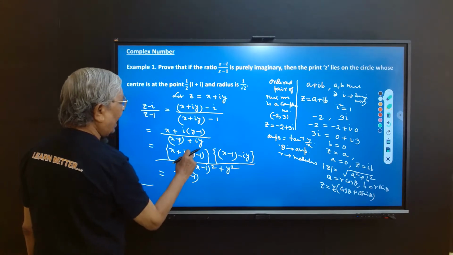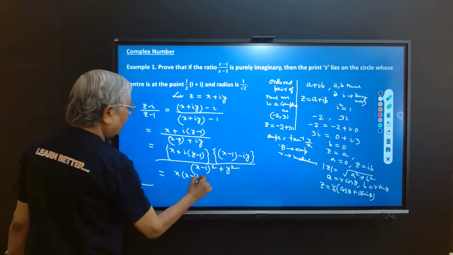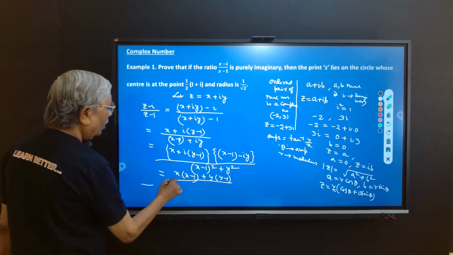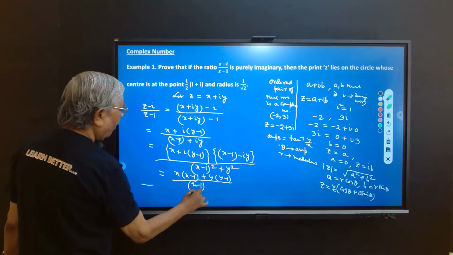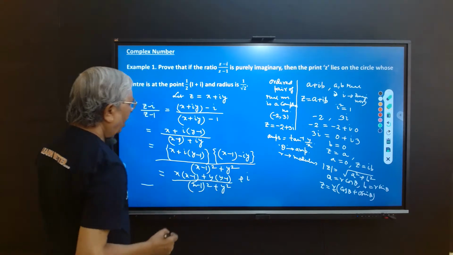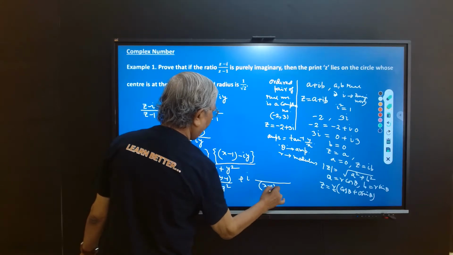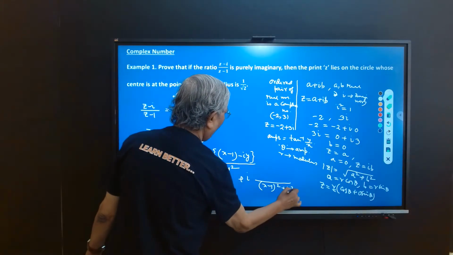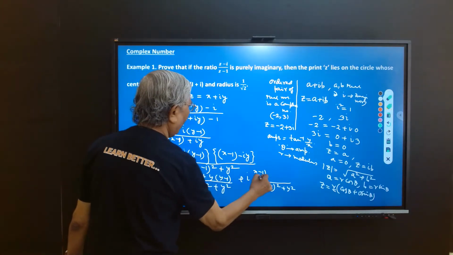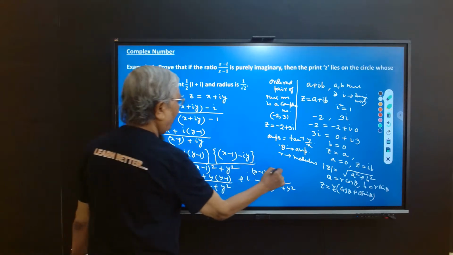Then multiplying i into (y minus 1) with minus iy, minus i square means plus 1, that is plus y into (y minus 1), upon (x minus 1) whole square plus y square. Then the imaginary part: i into the denominator (x minus 1) whole square plus y square, multiplied by (x minus 1)(y minus 1) minus xy.